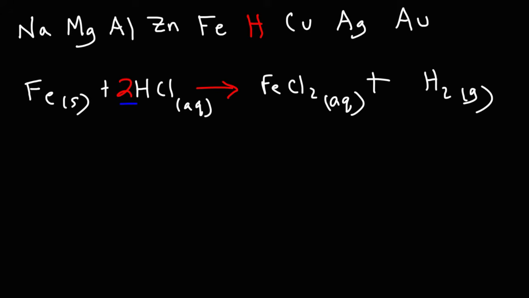So now let's write the total ionic equation. To do that, everything in the aqueous phase, we're going to break it up into ions. Everything else, we're just going to leave it the way it is. So HCl is in the aqueous phase. We can break it up into 2 hydrogen ions and 2 chloride ions.